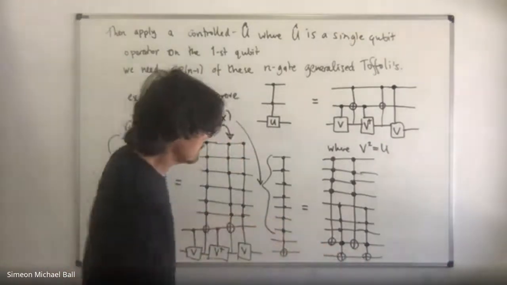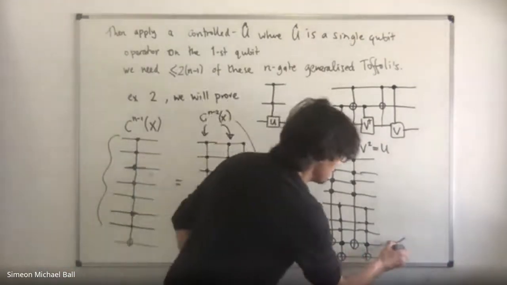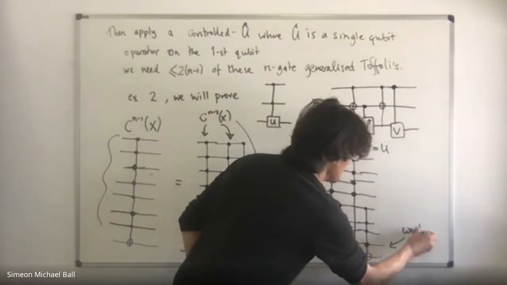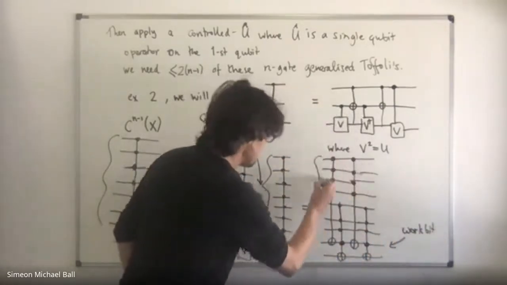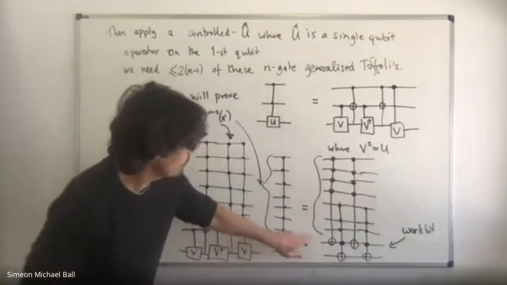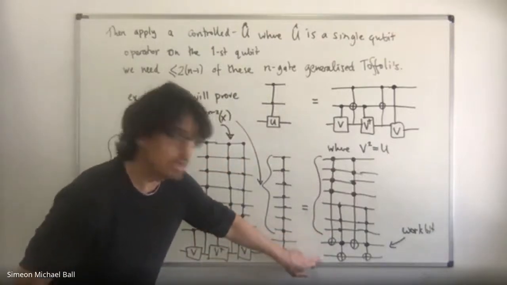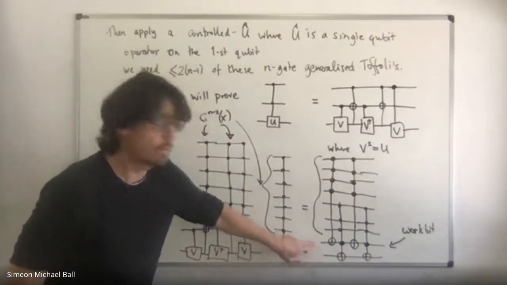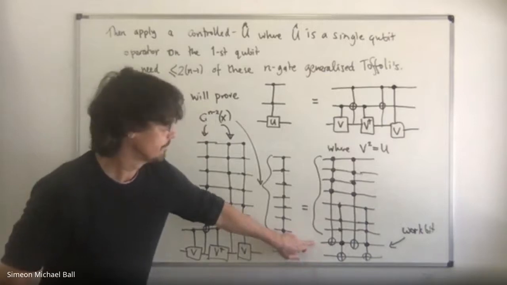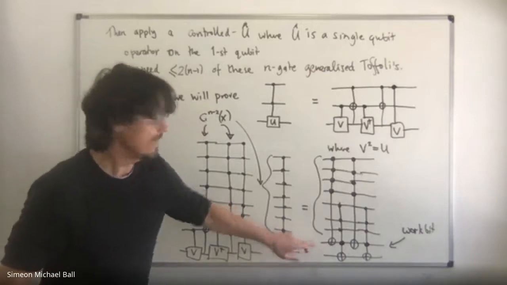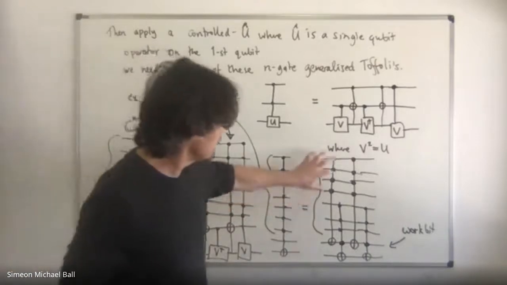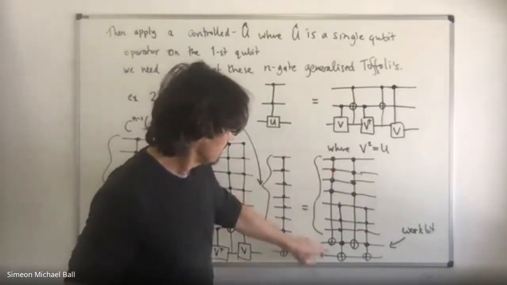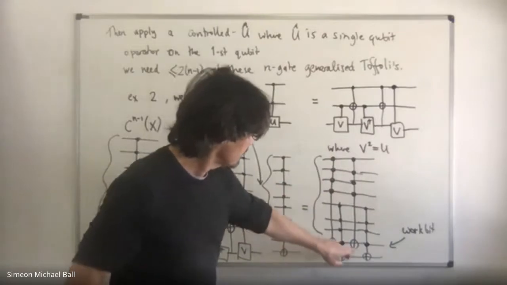So this is a work bit. If all these are set, then this last one will get flipped, whatever the work bit is. And now you have to argue, and it's not too bad to see, that if one of these is not set, then nothing happens here and nothing happens here.